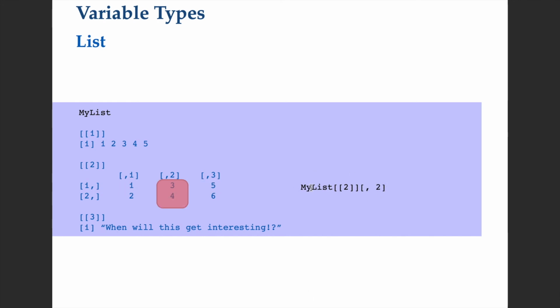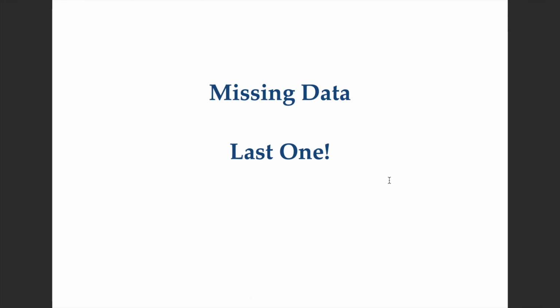And so on. This second part's exactly the same as what we talked about with data frames and matrices, except for now we just have to mention which component of the list we're talking about. So to get the second column of our matrix, that's the second component of our list, we specify the second component here in the double brackets, and then we want all rows of the second column, and so on.